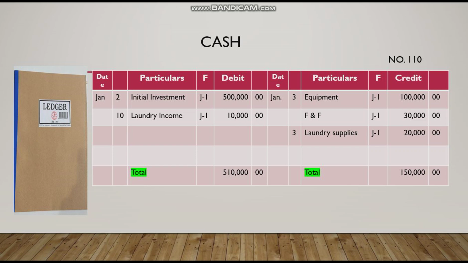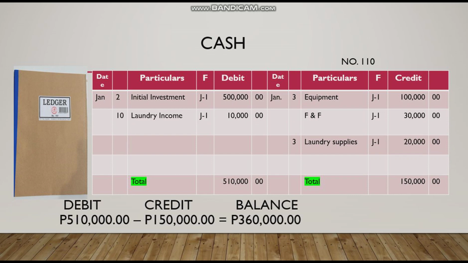This means that there was a total increase in asset, most particularly cash, as of January 10, 2020 of 510,000 pesos, and there was a decrease in cash of 150,000 pesos. In other words, you have a cash balance of 360,000 pesos as of January 10, 2020. This is the cash available for spending as of January 10, 2020. We will discuss this in our next video called Trial Balance.